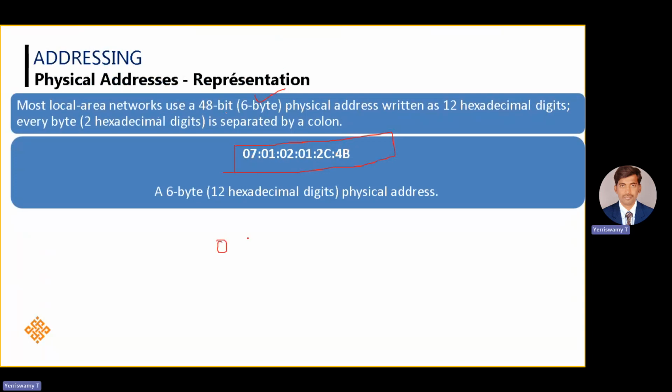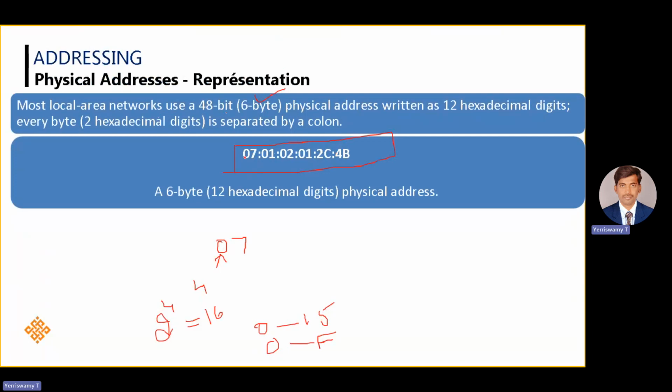If you take 07, this is one block. Each digit is one hexadecimal digit, and each can be represented using 4 bits. So the maximum number we can have is 2 power 4, which means 16. The values we can have are from 0 to 15, which means 0 to F. So any hexadecimal value between 0 to F can be represented in each character.